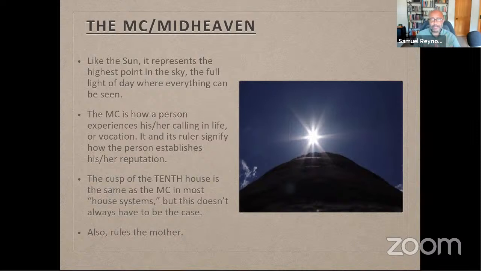Now, there's one particular caveat I want to make. If you are into the system of houses we call the whole sign house system, or the system of houses which we call the equal house system, your midheaven may not be in the same place as what we call the 10th house cusp. Your midheaven could be in the 9th house or 8th house, could be in the 10th house or the cusp of the 10th house.